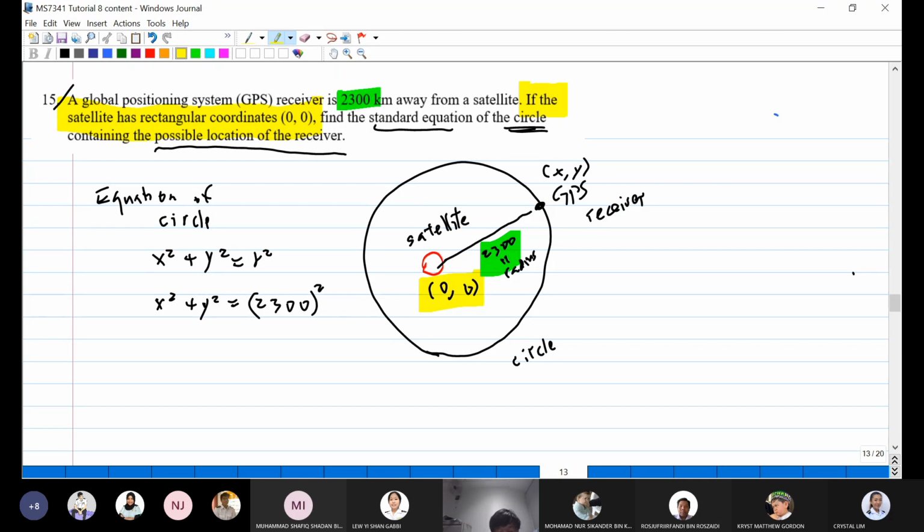Okay, so this one is about understanding the question. A global positioning system receiver is 2,300 kilometers away from the satellite.